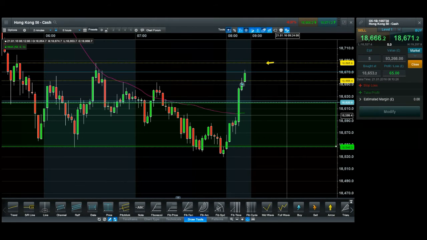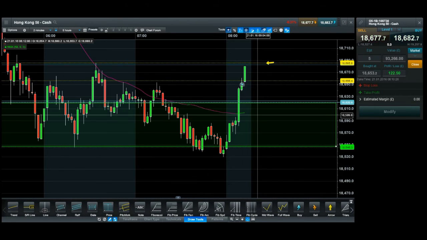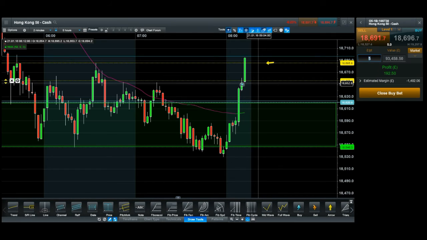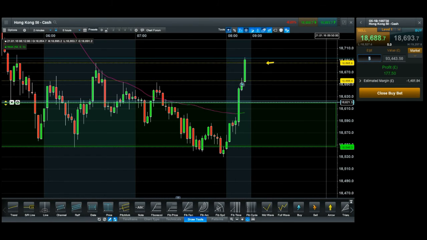But if the candle is a reversal candle, then I will stop. Okay, as it's crossing above it, I'm going to leave the trade and let the trade continue to run.